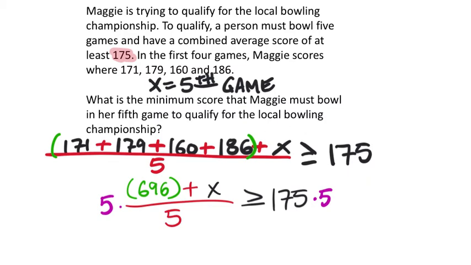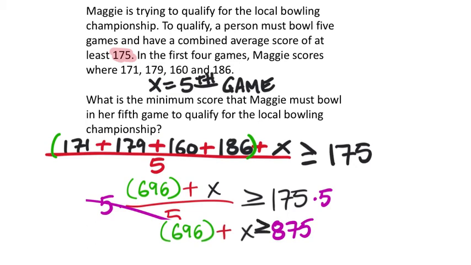And this will tell us the overall score that you would need to have an average of 175 after 5 games, right? 175 times 5. That's what that's going to tell us. The lowest sum she can get for all 5 games would be 875 points. And what that does is it gets rid of that 5, but we're still left with the numerator. So we get 696 plus X, and it's still greater than or equal to 875.